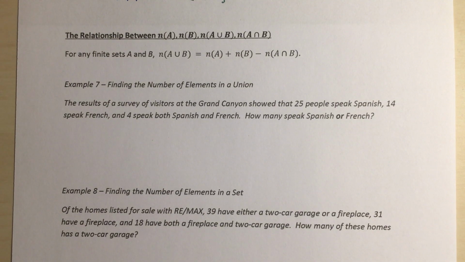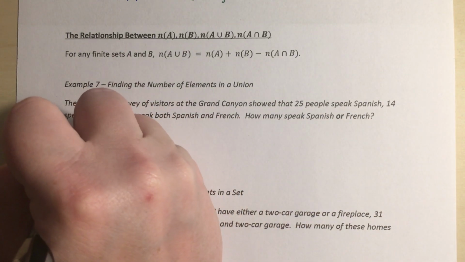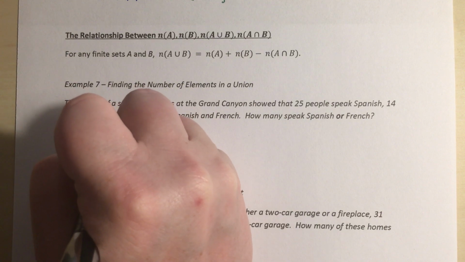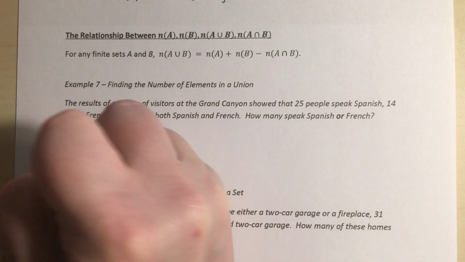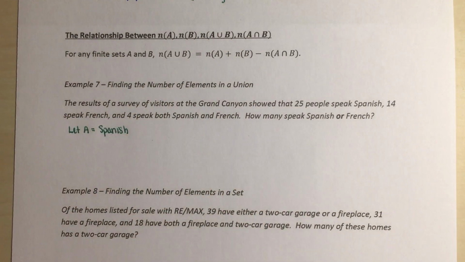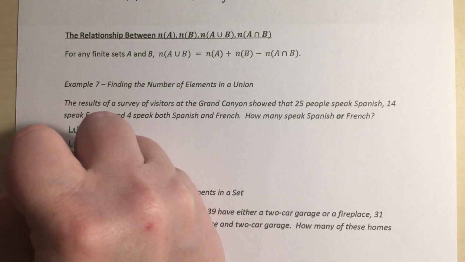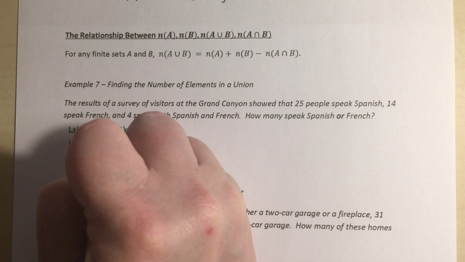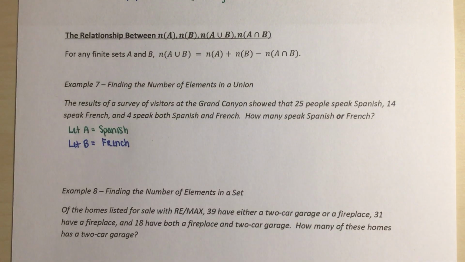So first we're going to define our sets. We are going to let A be the people that speak Spanish and let B be the people that speak French. All right, so now we need to list out what we know.